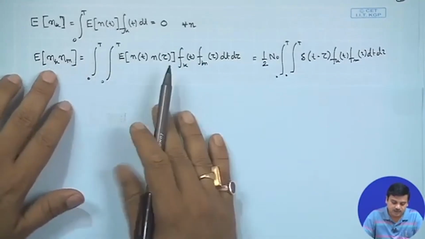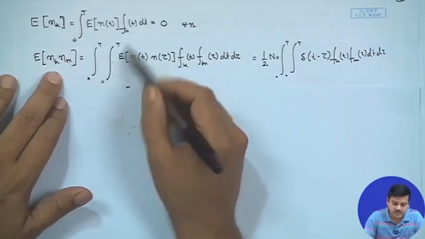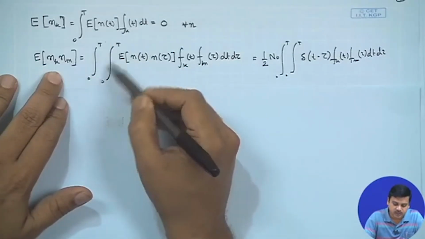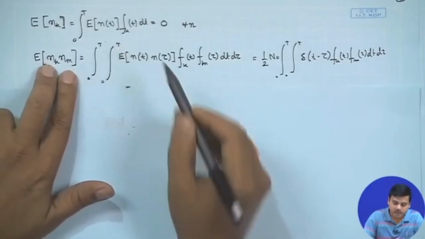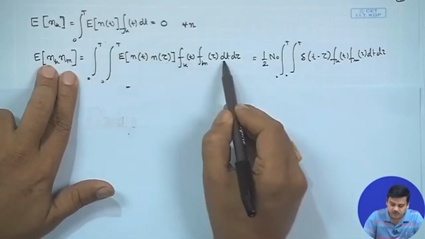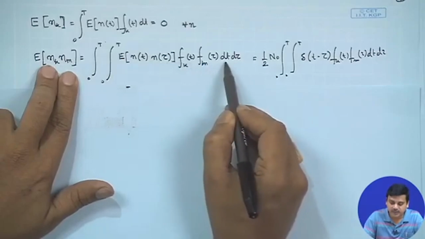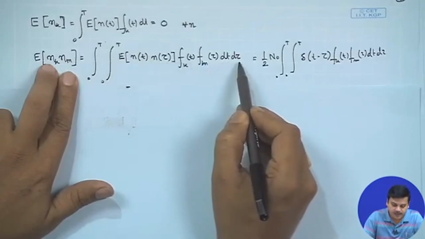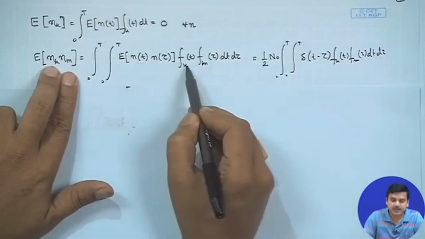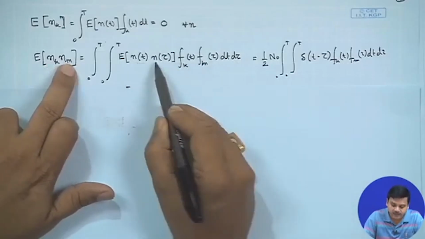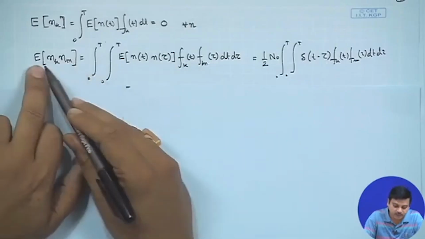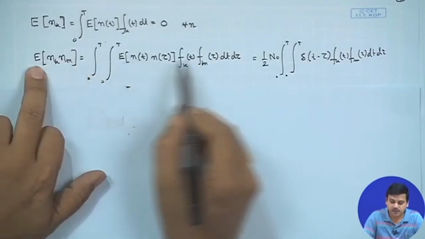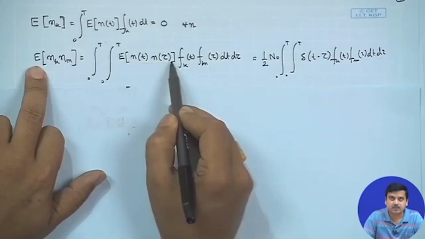For that we use the standard expression, 0 to T, because we have two different noise sources here, so two integrals, each with the variable dt and d tau. n k is n t multiplied by f k, and n m is n tau multiplied by f m. The expectation operator does not apply on f k and f m; it applies on the noise terms.